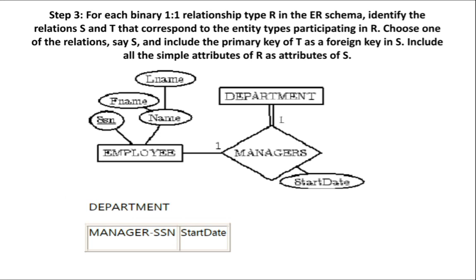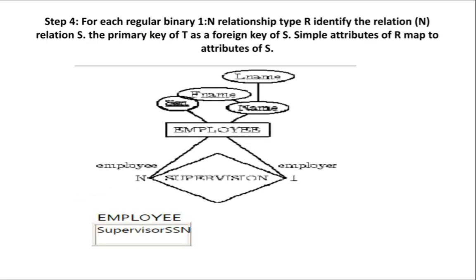And also, whatever the attributes of the employees are, you can include those attributes in the department also if you want. Next, if you come across a 1:n relationship, the same steps of 1:1 are repeated, right? You are going to make the primary key of one table the foreign key in another table.